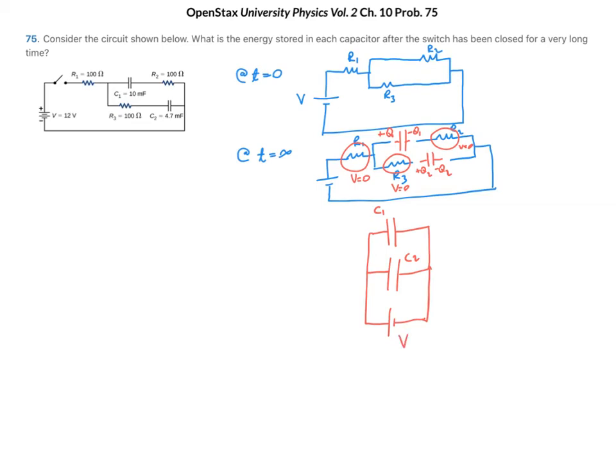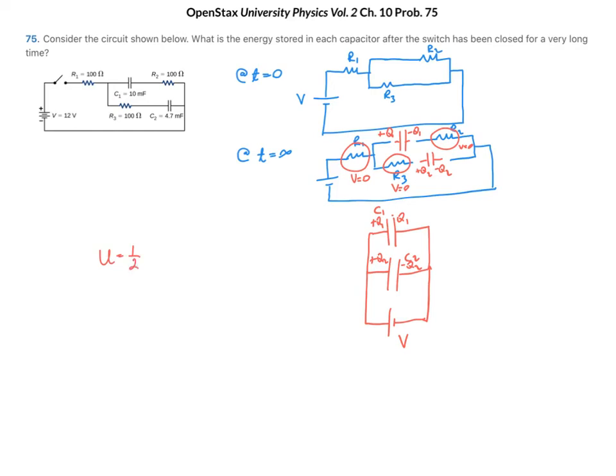So this is our 12 volts, and here are the capacitors with charges on them, fully charged. And there is a voltage across them. So we can solve then for the energy.